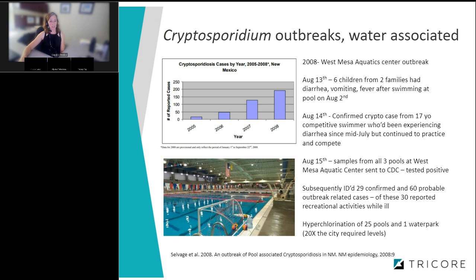Well, hyperchlorination has to occur at the pools and any water park where these infected people swam or played. And when you hyperchlorinate, you actually have to shut down these recreational facilities. So it does lead to some economic impacts for these facilities. And actually, the city of Albuquerque changed the way they were treating their pools after this occurred.